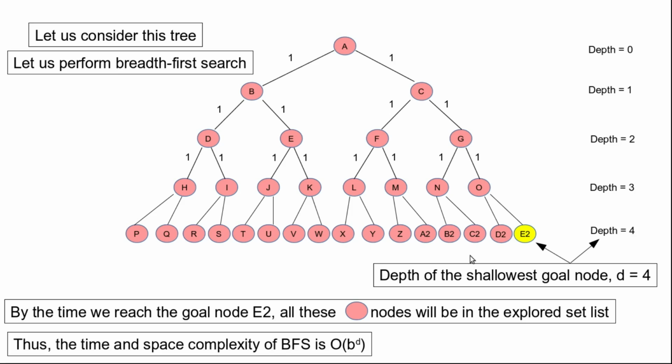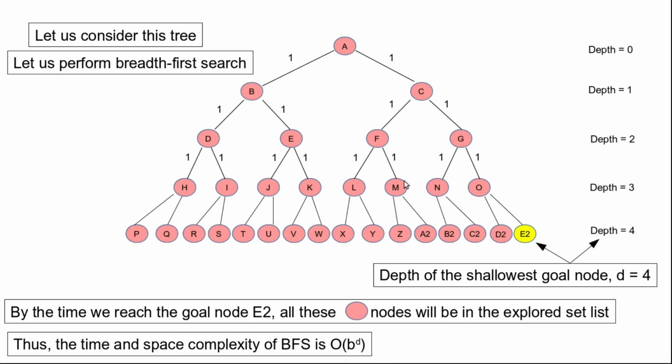And hence the time and space complexity of BFS is big O of b to the power d, where b is the branching factor. We have discussed in detail in one of the earlier classes why it is big O of b to the power d, but it is also evident from here that we need to preserve all the nodes.